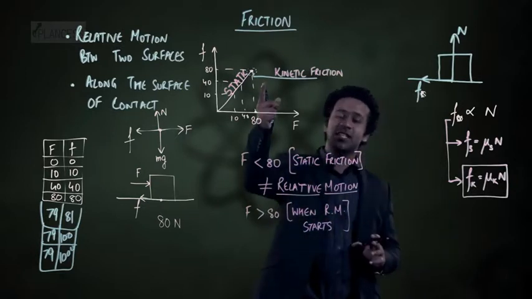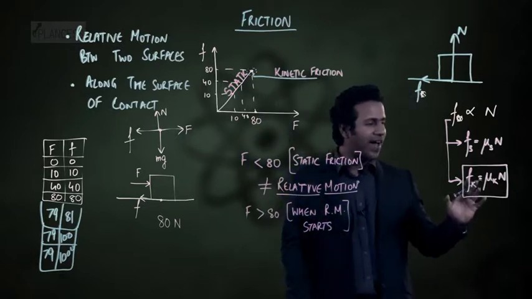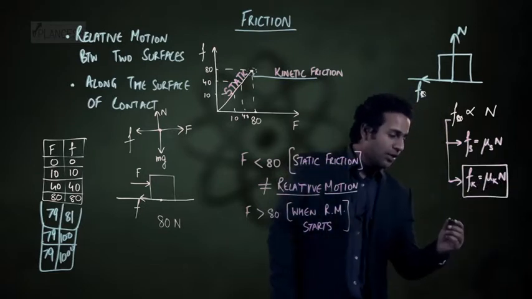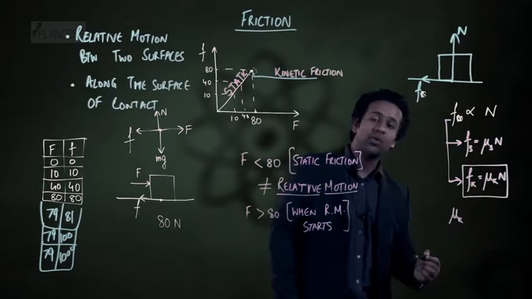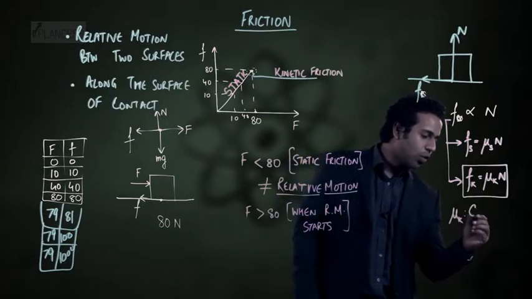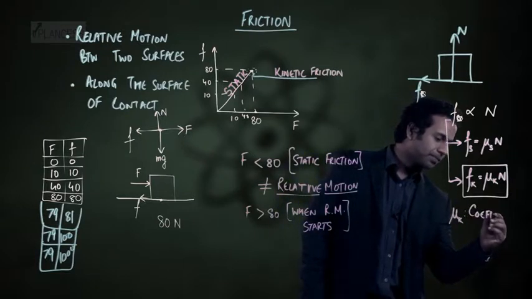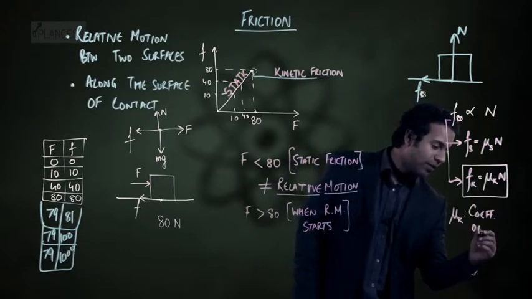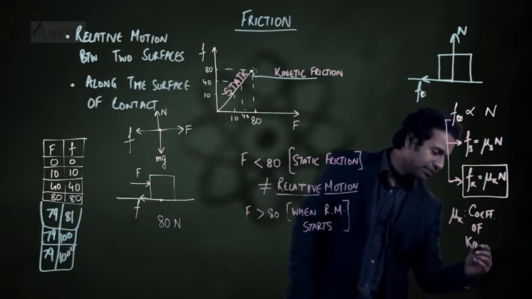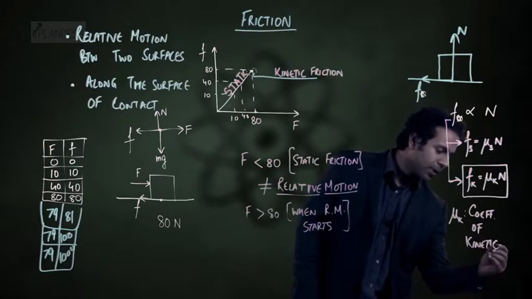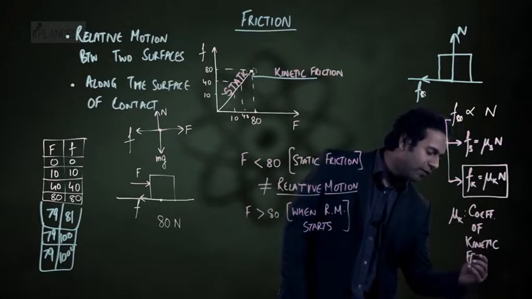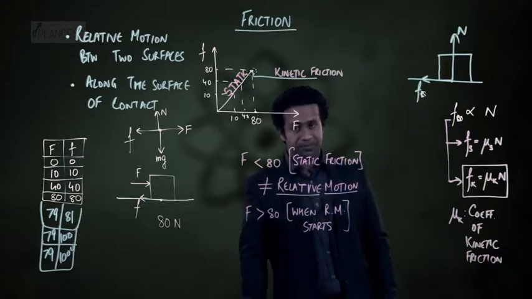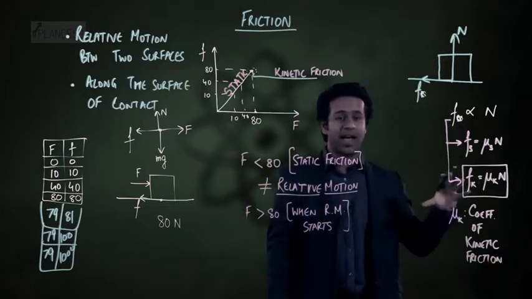So kinetic friction is constant and its value is equal to mu kinetic times normal. This mu k is called the coefficient of kinetic friction. Right. So that is about kinetic friction.